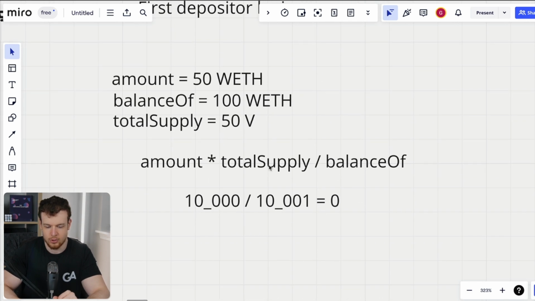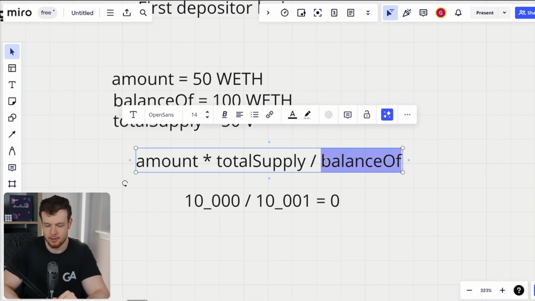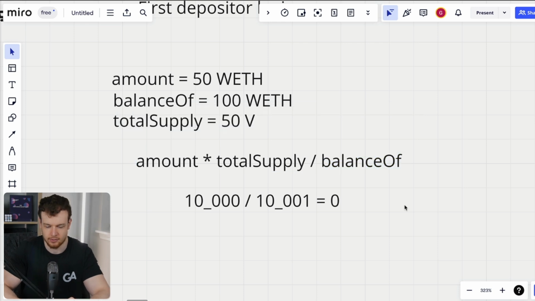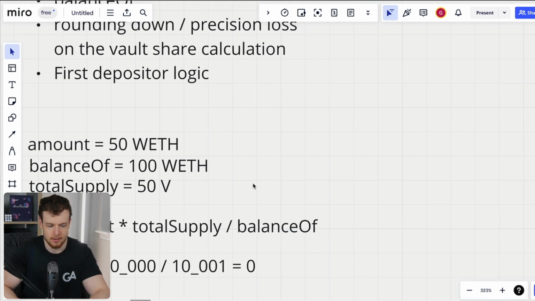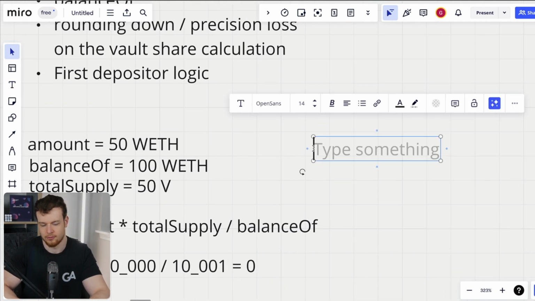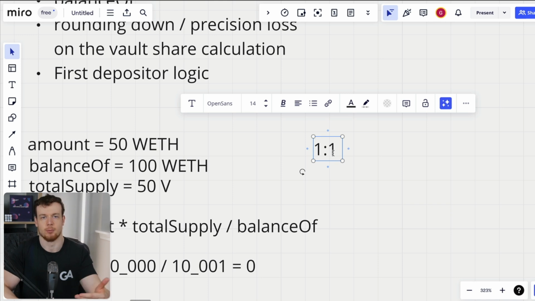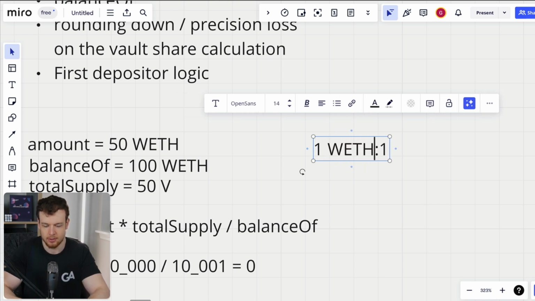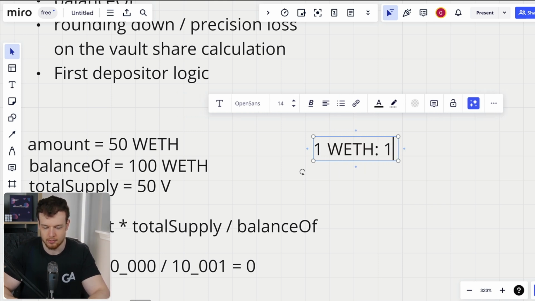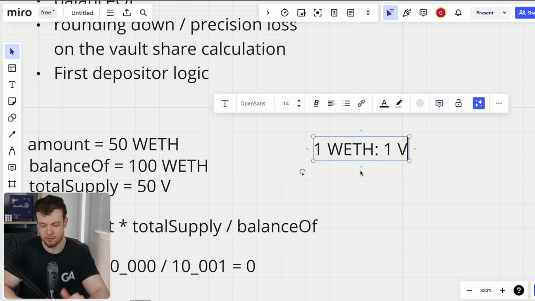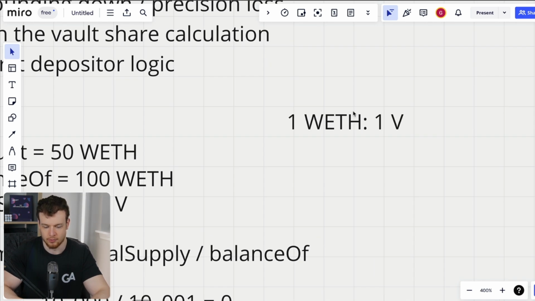Of course, when you are the first depositor, the balance of this contract would be 0 because nobody has come in and deposited underlying assets. So in the vast majority of systems, the exchange rate is assumed to be 1-to-1 to begin with. For every one wrapped ether that you put in, I will give you one vault token when you are the first depositor.